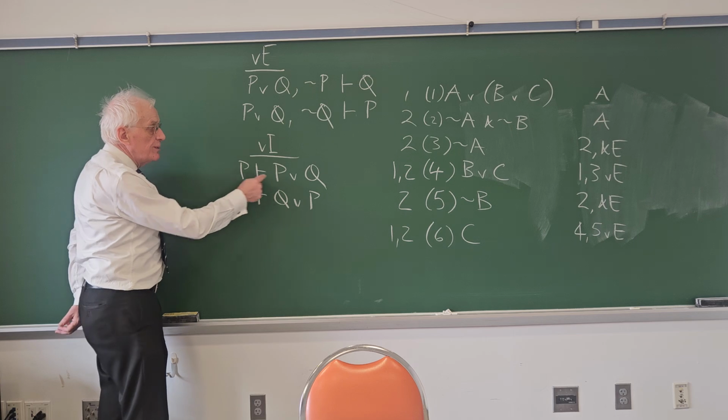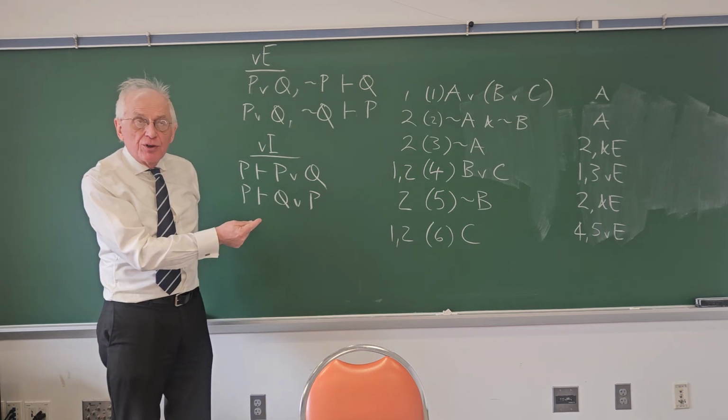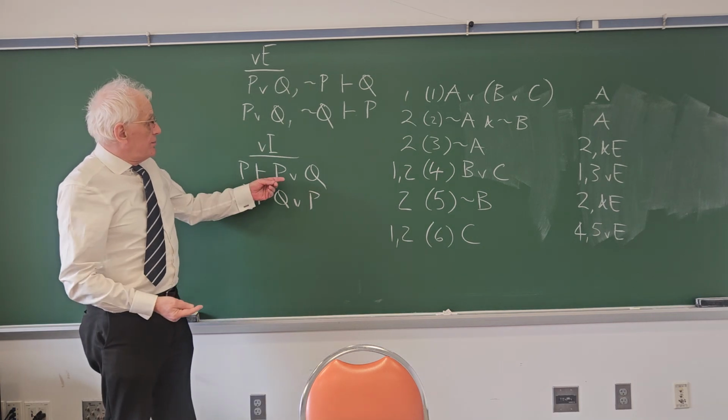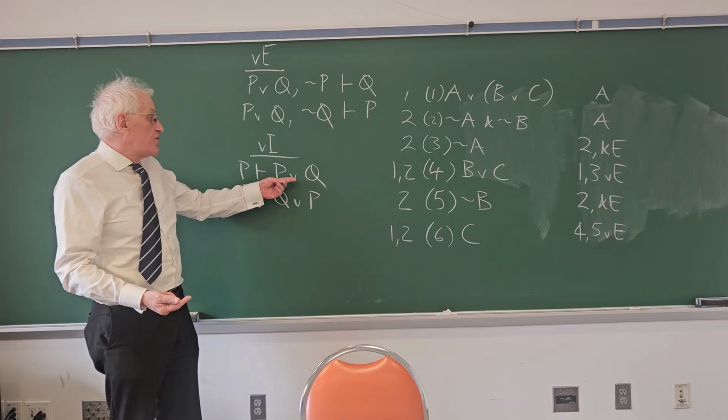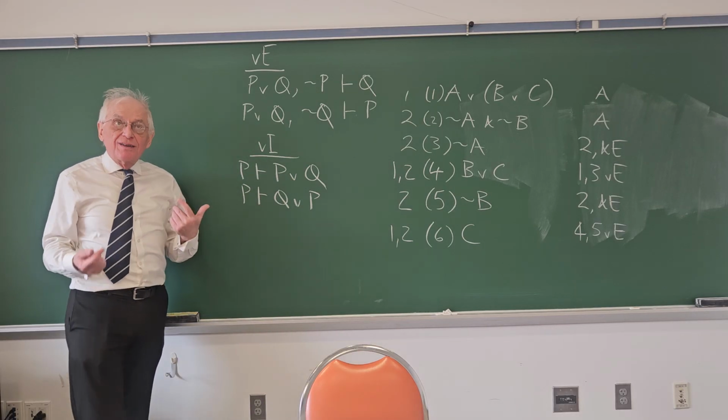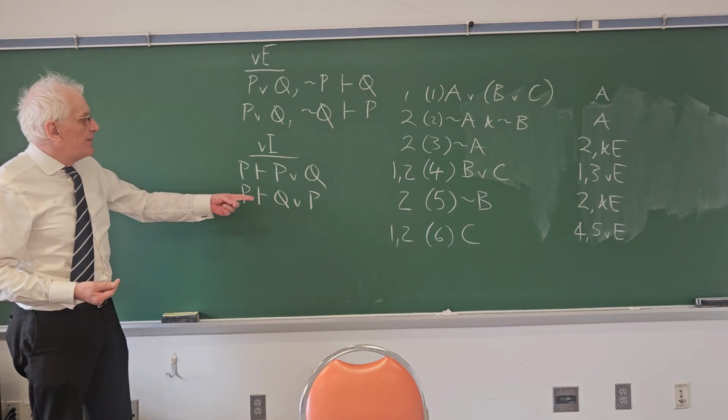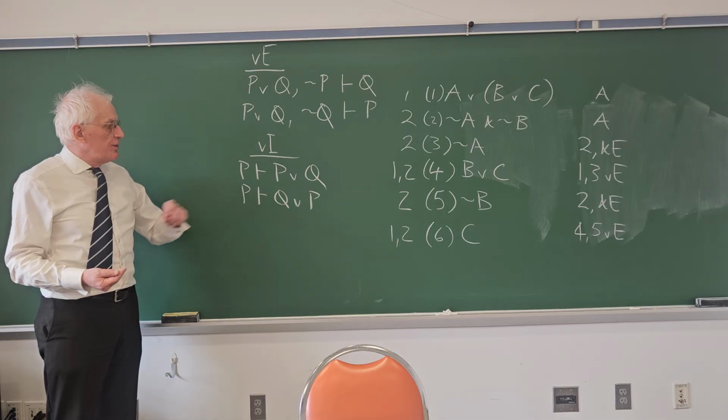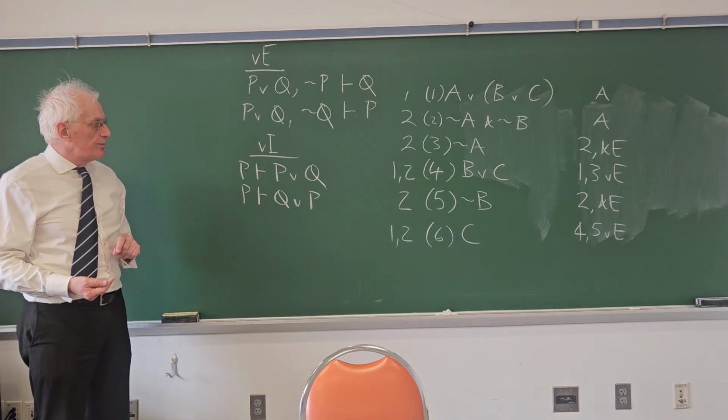If P is true, then either P or Q must be true, because this just says at least one of the disjuncts is true, and if P is true, then at least one of the disjuncts is true. And the same for if P is true, then either Q or P is true.